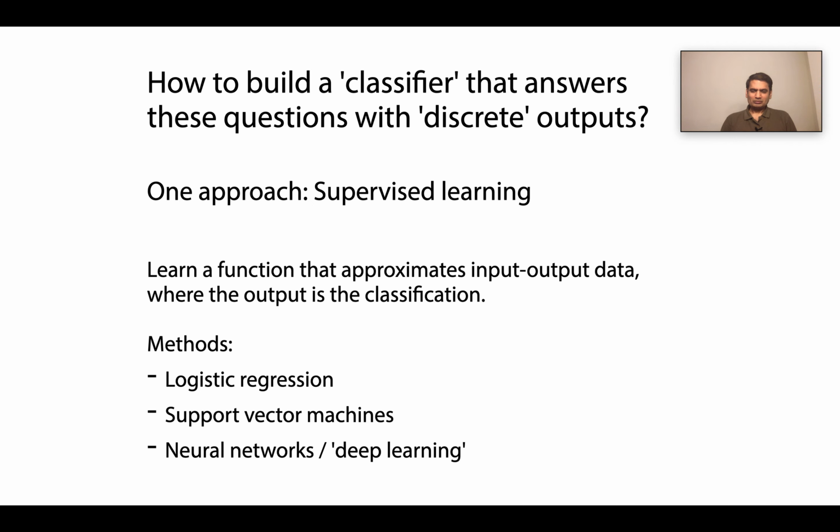Okay. Now, how do you build a classifier? An object that classifies would be called a classifier that answers these questions with discrete outputs. One approach is the exact same approach that we've been using so far, which would be called supervised learning. In other words, we have lots of data with inputs and outputs, but the output is not a continuous variable, it's a classification.